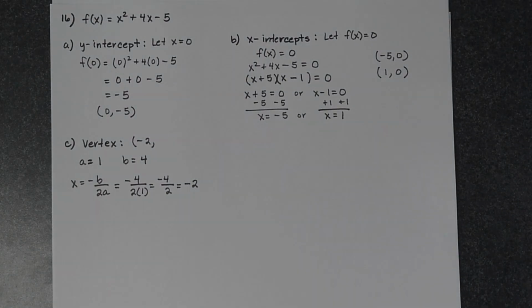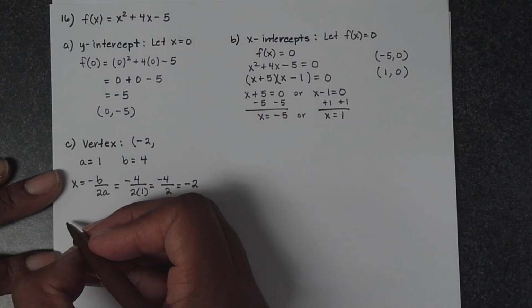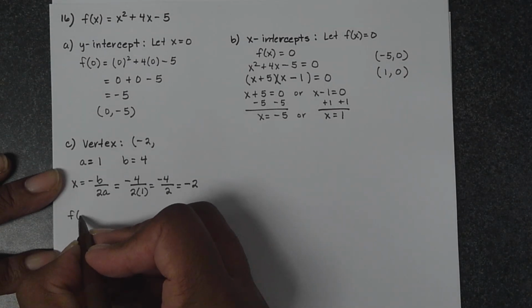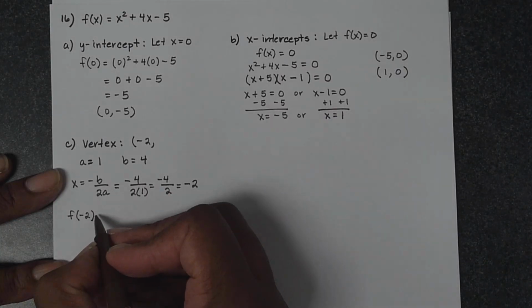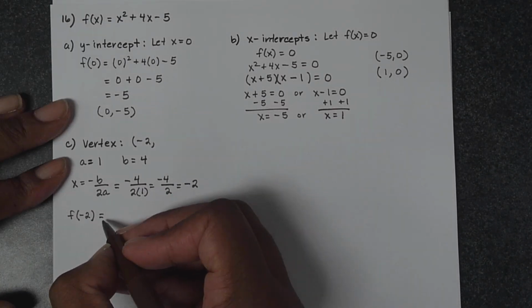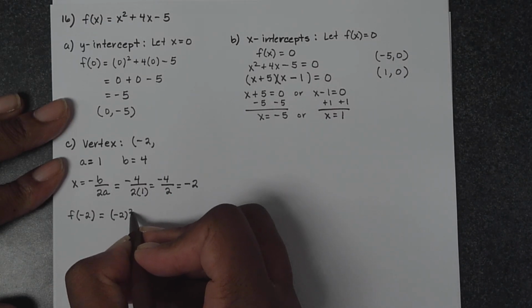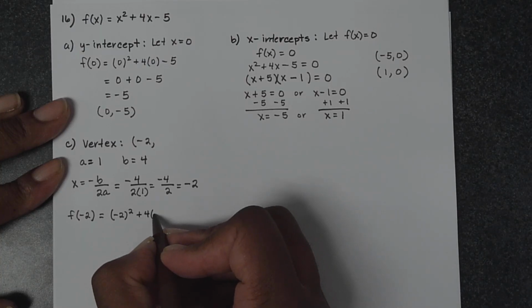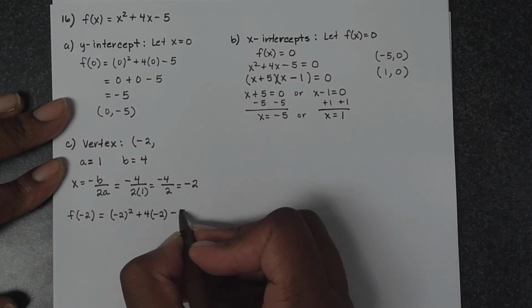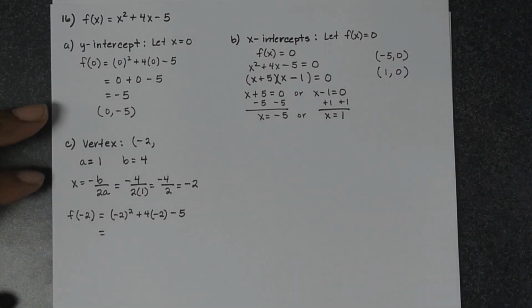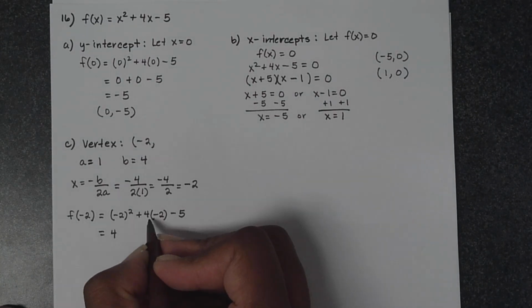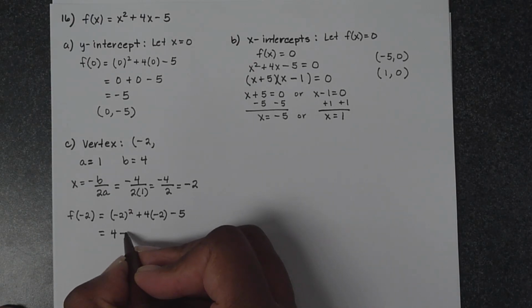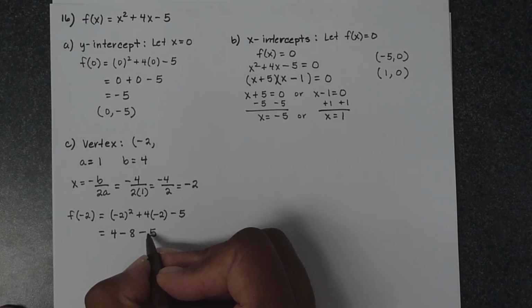I need to know the y-coordinate of that vertex. So to do that, we just substitute the x in the original function with -2. So f of -2 would be this: x squared, I have -2 squared, plus 4 times x, which is -2, minus 5. -2 squared, or -2 times -2, would be 4. 4 times -2 will make that -8, and then minus 5.